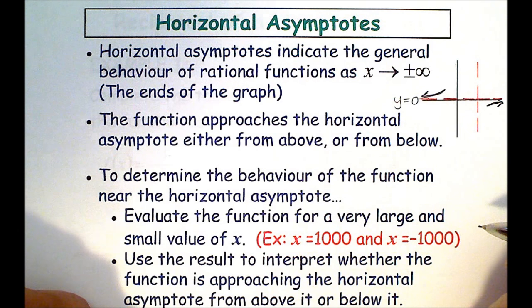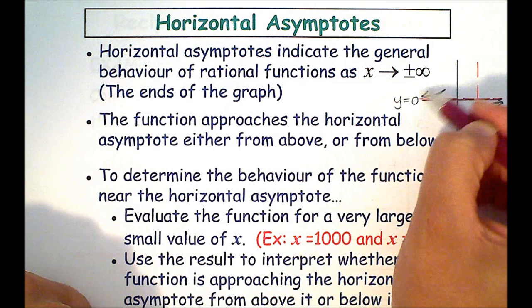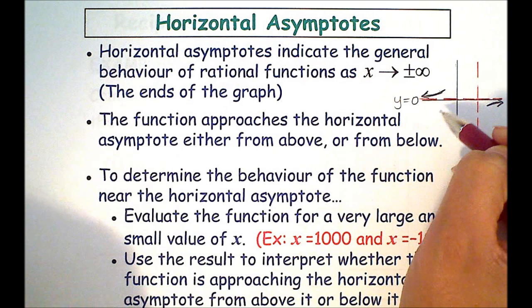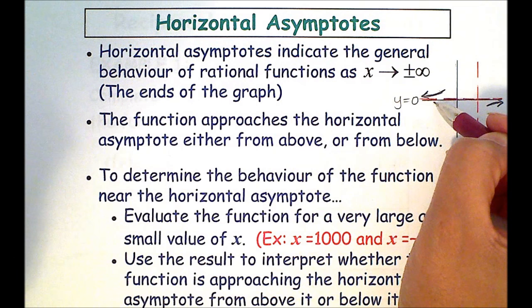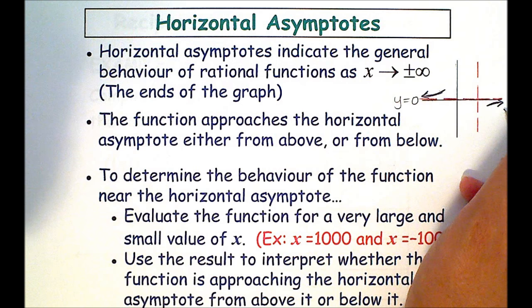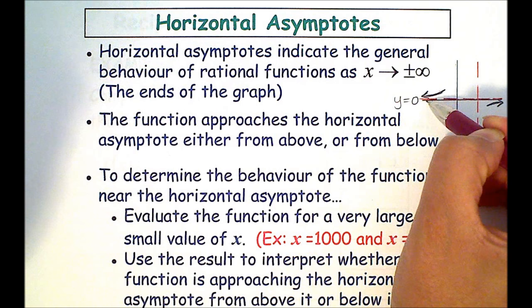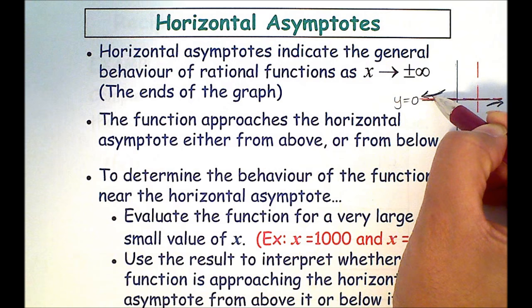For example, if you're comparing the end behaviors to see whether it's above the horizontal asymptote or below the horizontal asymptote, really what you're checking is, for a really large value of x, whether the function is positive, which would mean it's above the horizontal asymptote, or whether it's negative, which would mean it's below the horizontal asymptote.